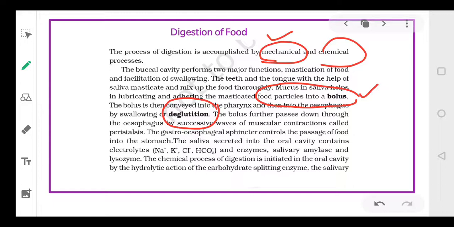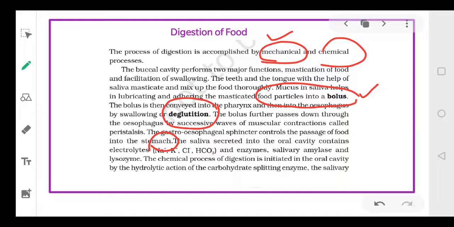Sometimes they may ask you what is deglutition. That is nothing but the swallowing of food. The small portion of food that is swallowed is called the bolus, and the swallowing of the bolus is referred to as deglutition. Now this bolus will pass through your esophagus with the help of peristaltic movements, as we discussed yesterday, and then enter the stomach.